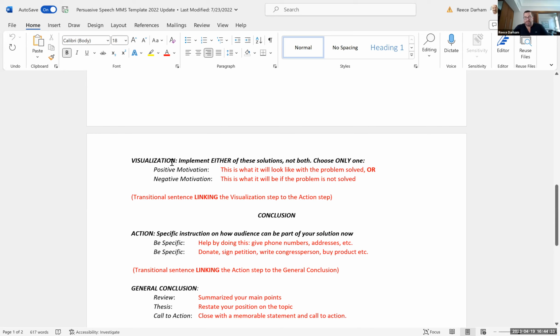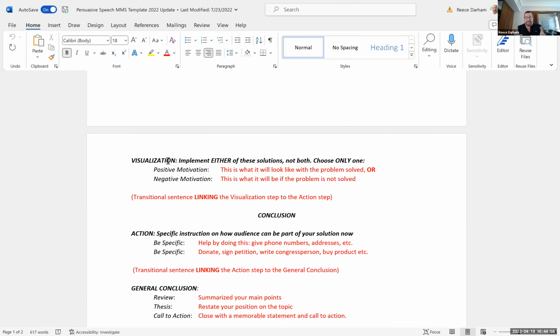It has nothing to do with visual aids. And cognitive motivation can either be positive or negative. So positive motivation, where you identify the features and benefits of if the solution is enacted, this is what it will be. And negative motivation is where you identify the fear appeal, even the cognitive dissonance that occurs.